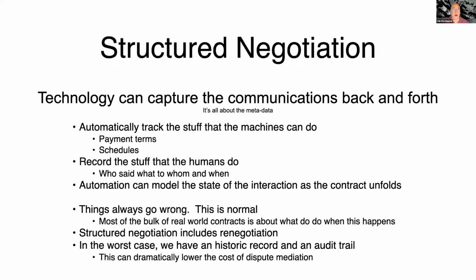So I can propose some terms. You can modify the terms. We can go back and forth adjusting the terms as we negotiate. Then when we agree, we can note the fact that both parties have agreed to the same things, that they have committed to particular dates, particular payments.